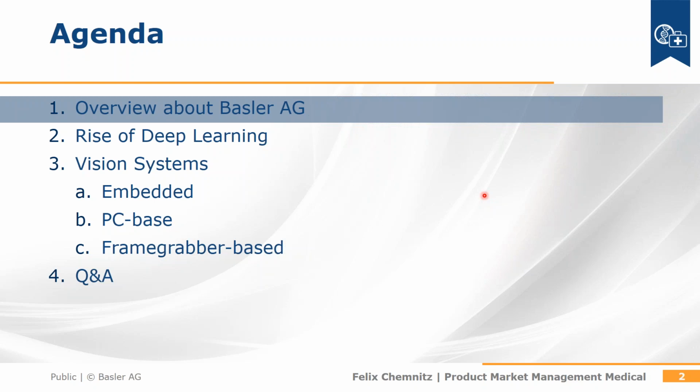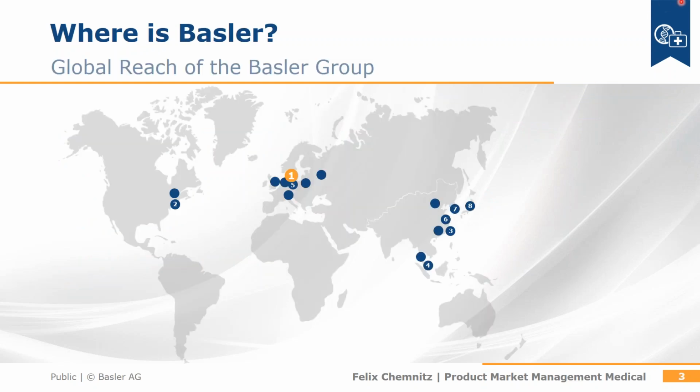After that, we will directly jump into the three different types of vision systems, which are embedded-based, PC-based, and frame grabber-based. After that, we will have time for a question and answer session where you can raise your questions. Good, then we will start with the first point, Basler AG.